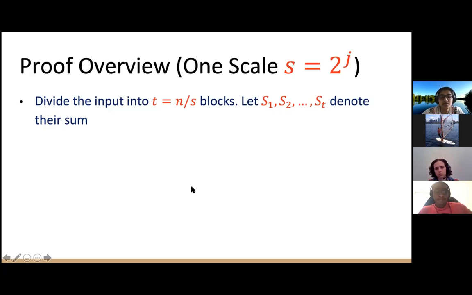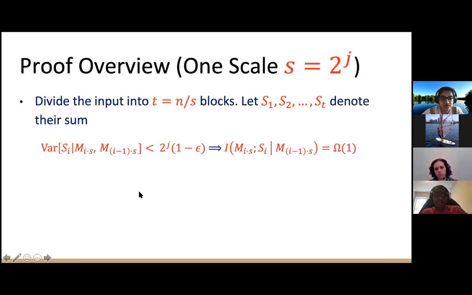And then we look at the variance of s_i conditioned on the memory state after the ith block and the memory state just before reading the bits in the ith block.